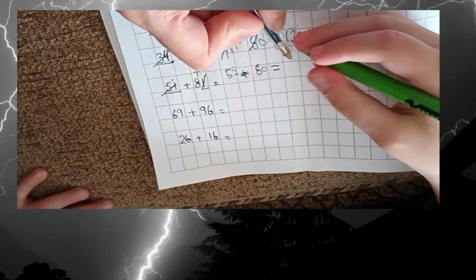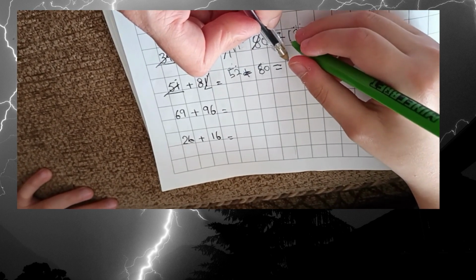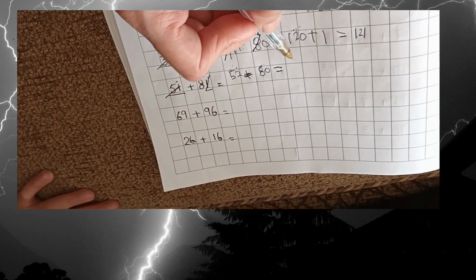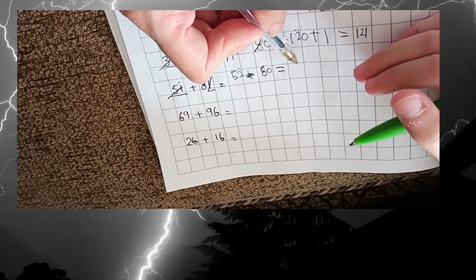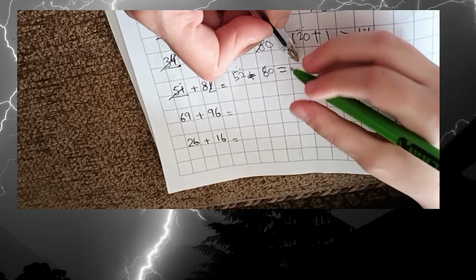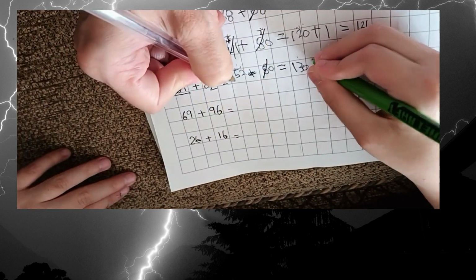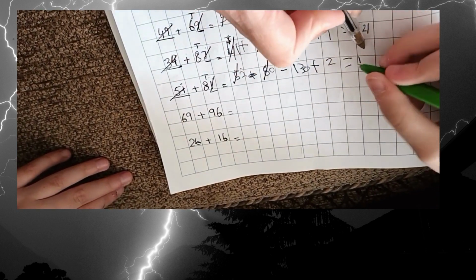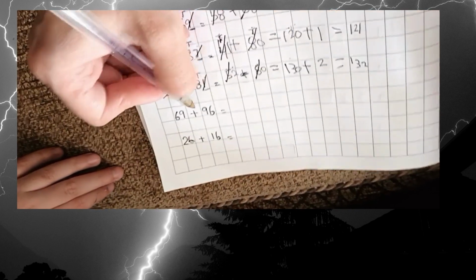So what would we write here? 5 add 8 is 13, so 50 add 80 is 130. Good boy. We cut out 8 and 5. What's left? 2. So 130 plus 2? 132. Good boy. Okay, next.